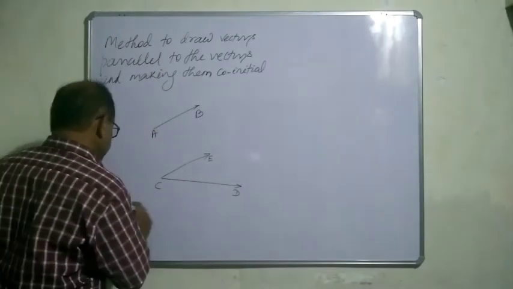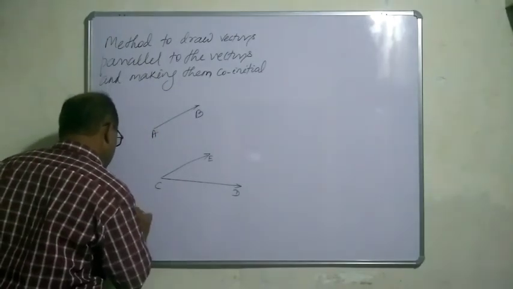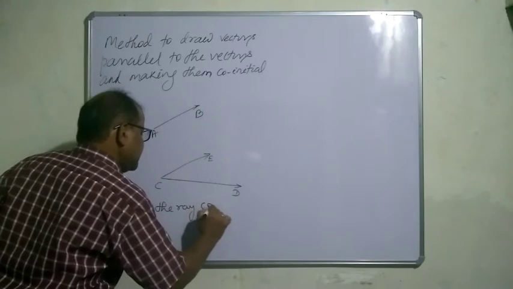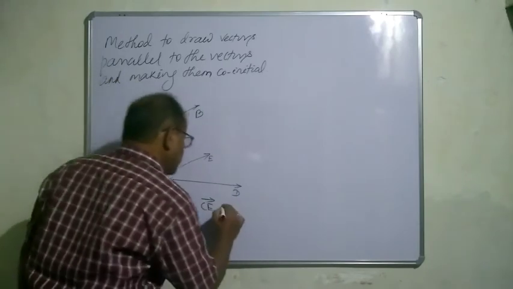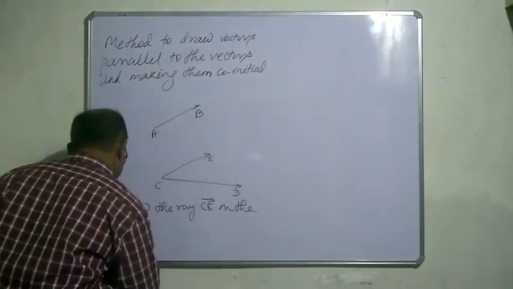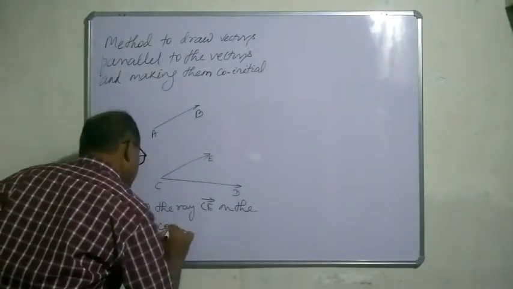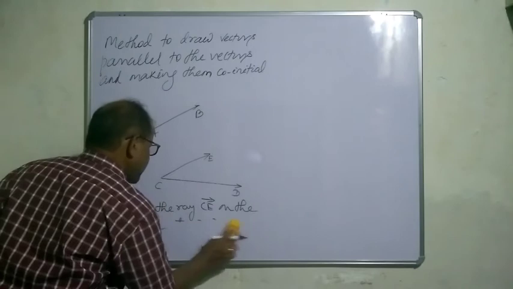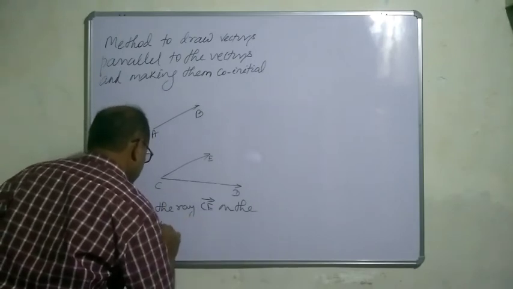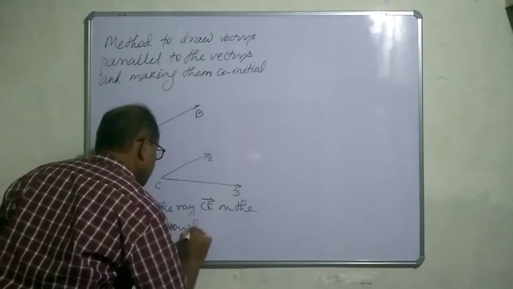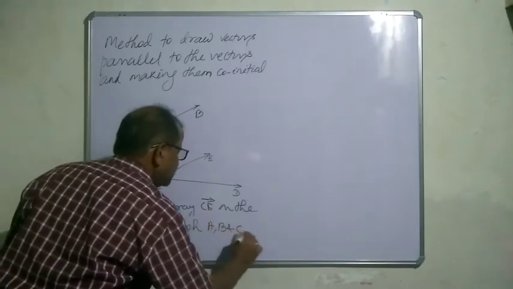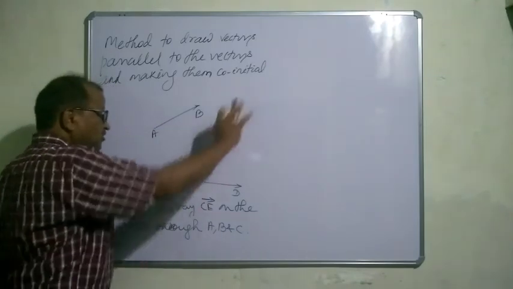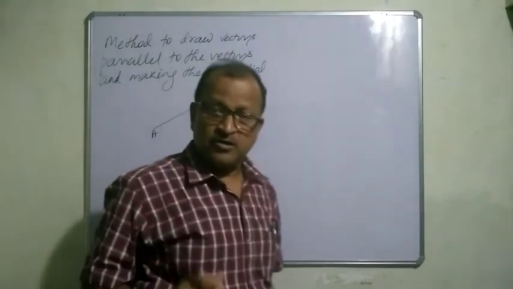So, draw the ray CE on the plane through A, B and C. The plane on which A, B, C lie, on that plane draw CE.